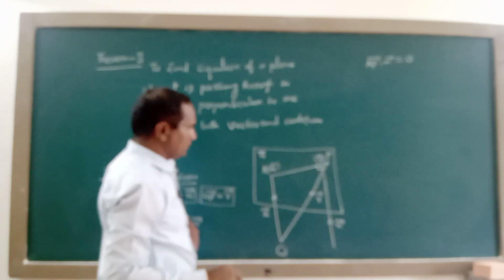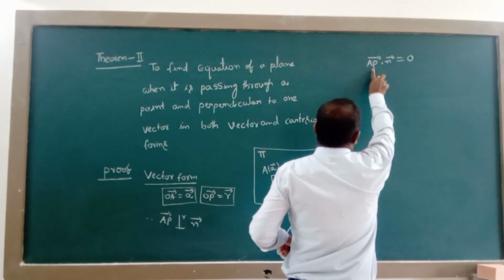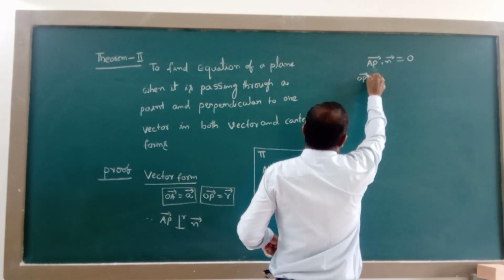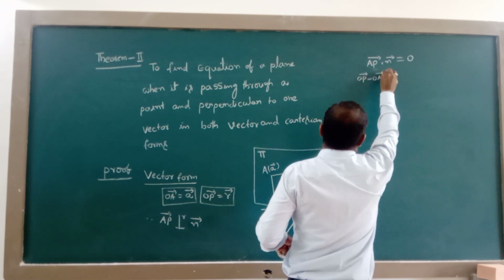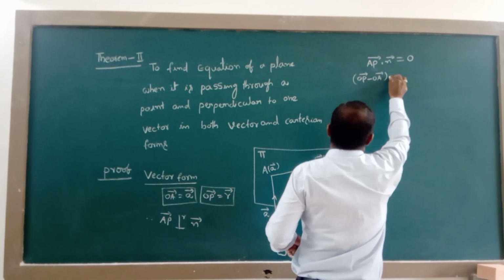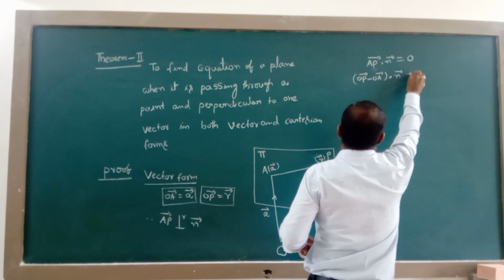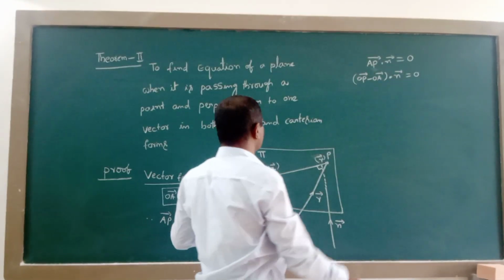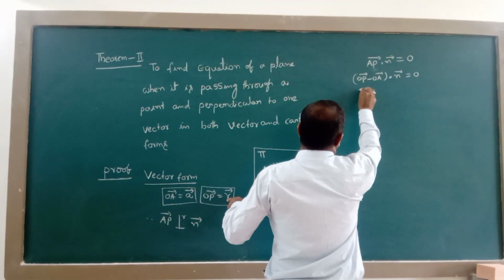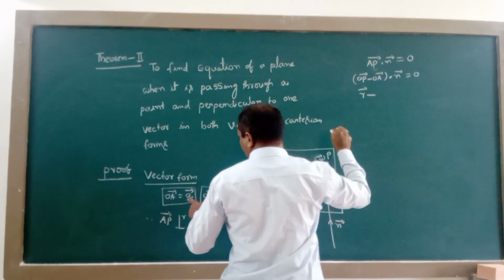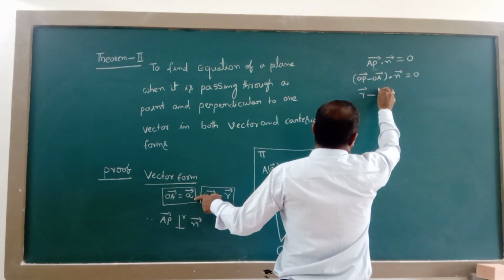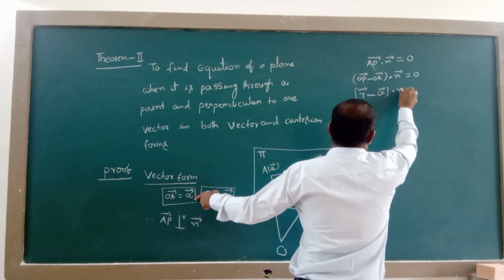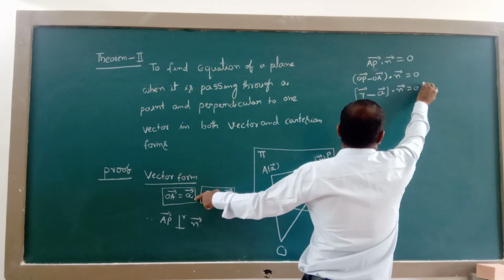Afterwards, we convert that AP vector in terms of position vectors: OP vector minus OA vector, dot n vector, is equal to 0. Instead of OP, we consider r vector, minus, instead of OA, we consider small letter a vector, dot n vector is equal to 0.